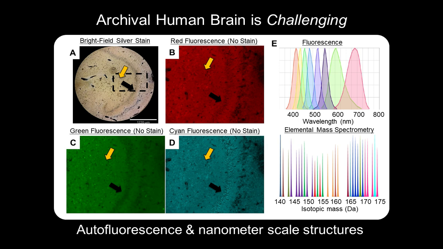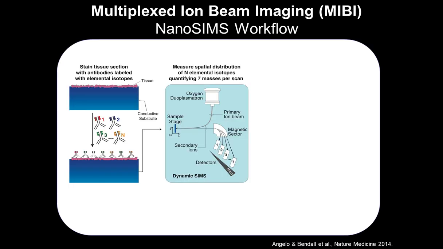As a lot of people listening are probably aware, technologies like multiplex ion beam imaging swap out the use of fluorophores for elemental mass reporters. I'll tell you a little bit more about this. Originally, when working with Mike Angelo here at Stanford, we came up with this idea.